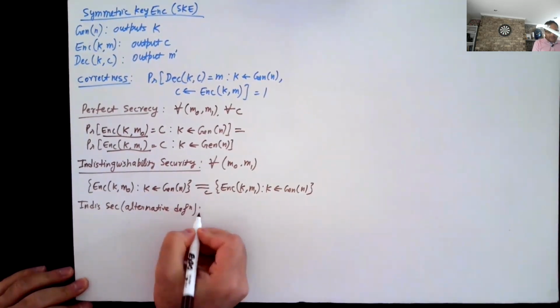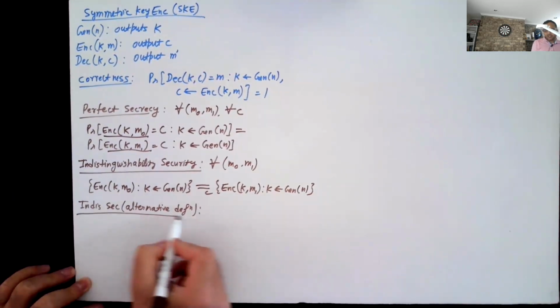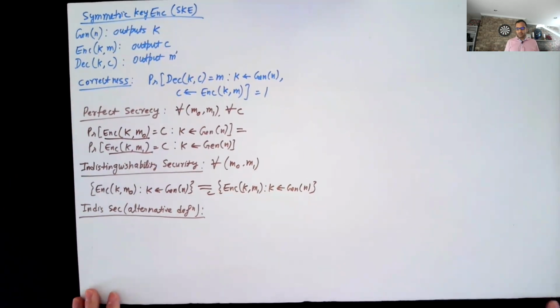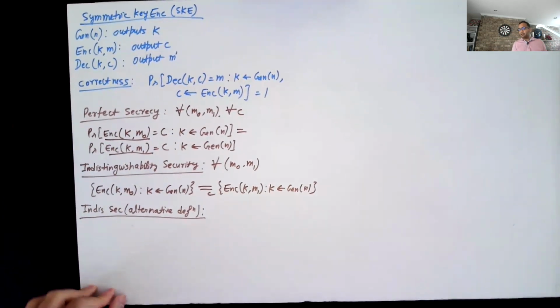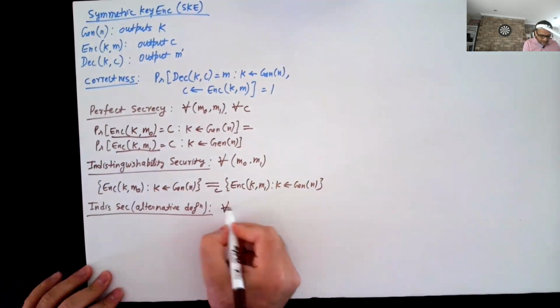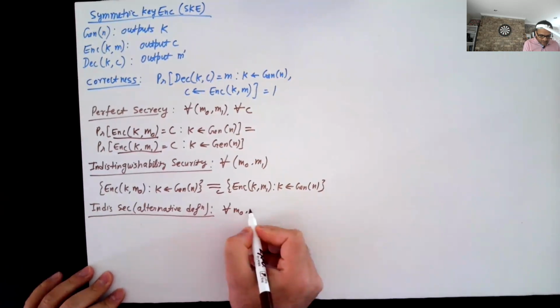You could probably have also called it prediction indistinguishability, but in cryptography, we typically just refer to it as indistinguishability security, an alternative formulation.